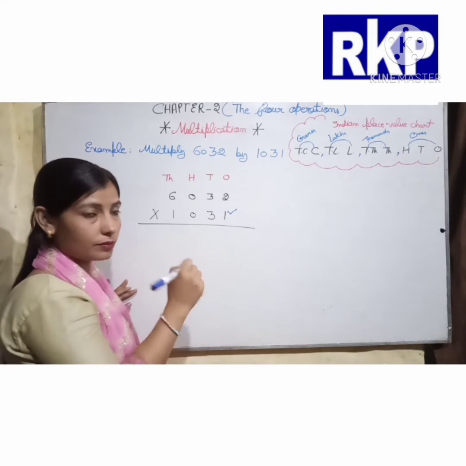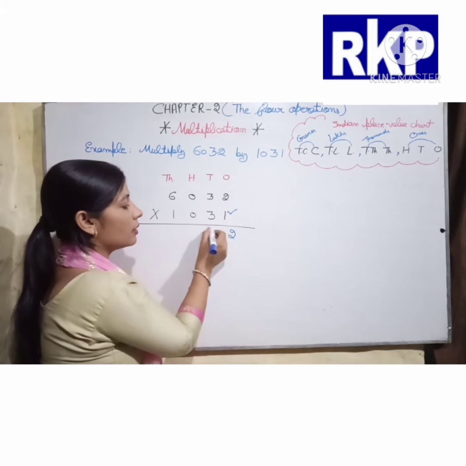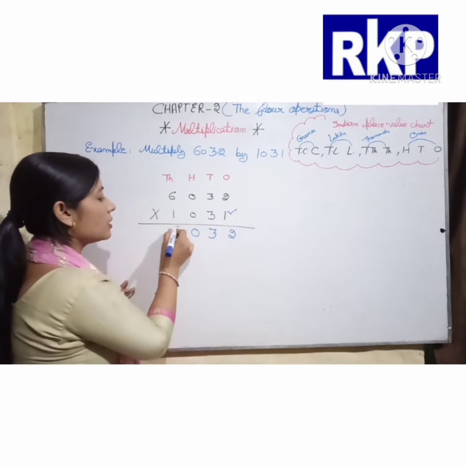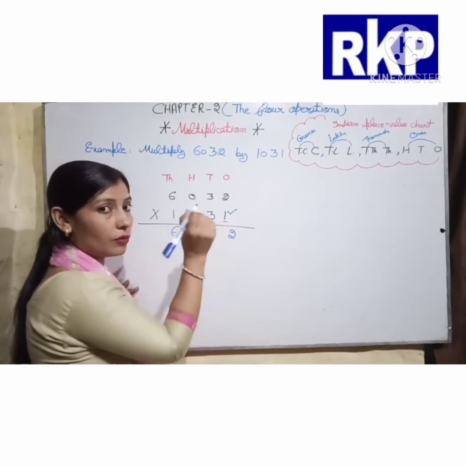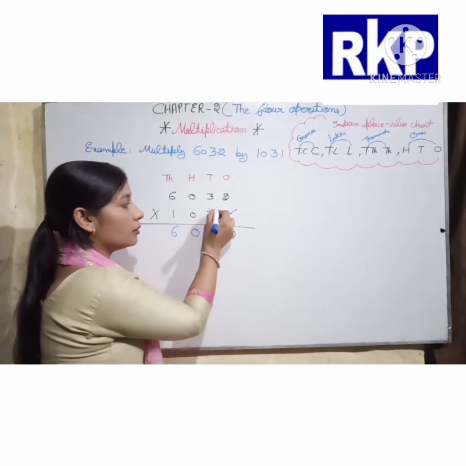So first of all we have to multiply this number with 1. 1 twos are 2, 1 threes are 3, 1 zeros are 0, 1 sixes are 6. Now, after 1, we have to multiply this number with 3.